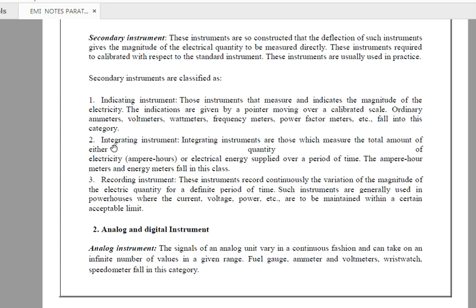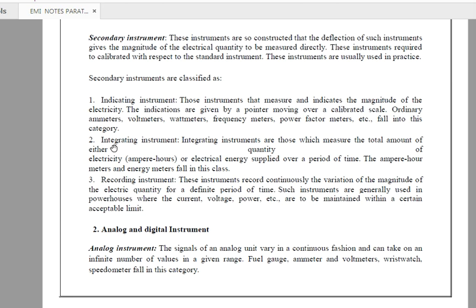Then recording instruments. Recording instruments are those instruments which record continuously the variation of the magnitude of the electrical quantity for a definite period of time.